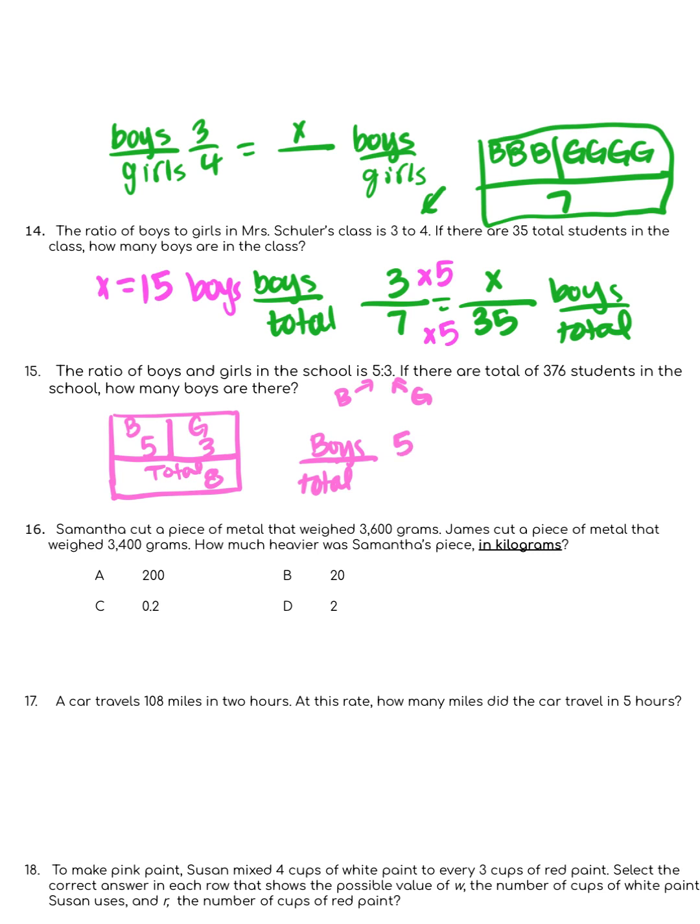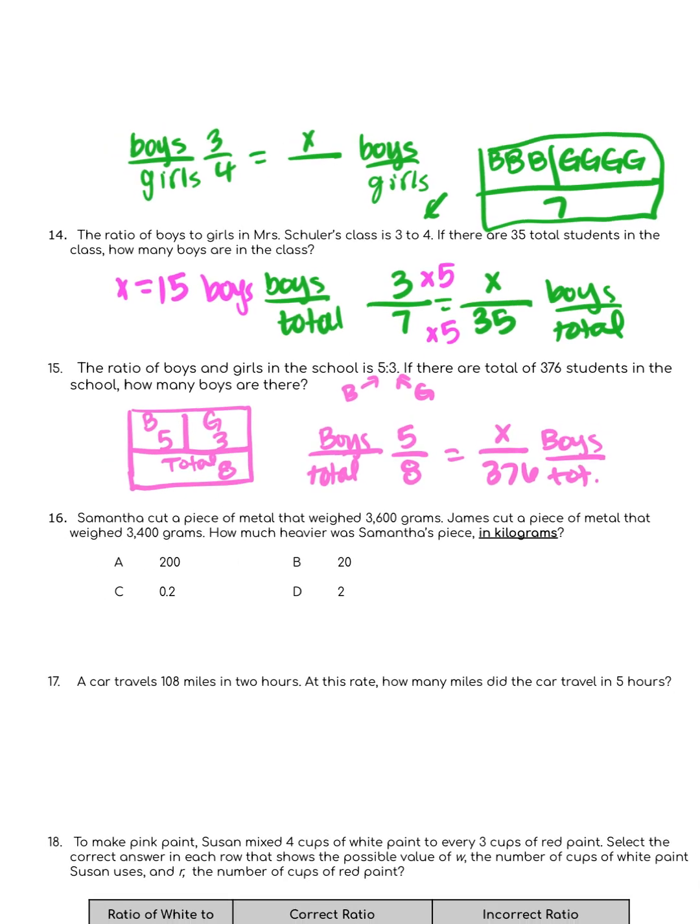So that's 5 out of 8, because it's not 5 boys with 376 total. It's 5 boys when there's 8 people total. So now I'm going to figure out how many boys when I have 376 total. And then I can do cross products, or I can look for the relationship between 8 and 376.